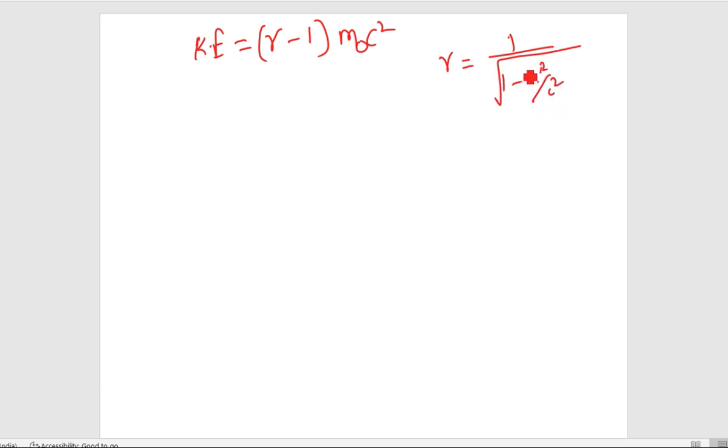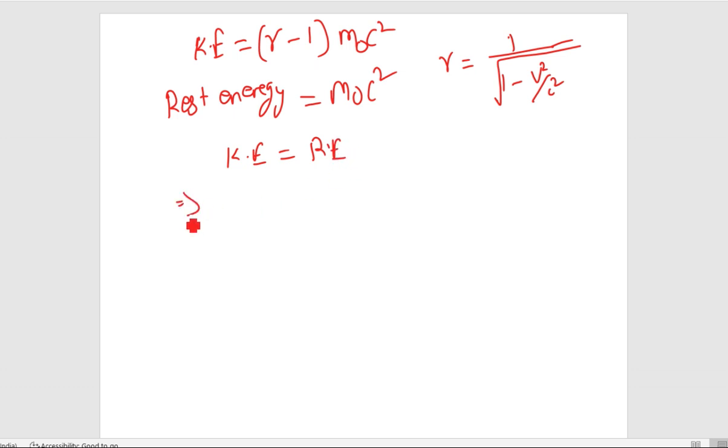It is the relativistic correction made by Einstein. The question says this kinetic energy is equal to the rest energy, which is m naught c square, where m naught is the rest mass of the object. So according to the question, kinetic energy is equal to rest energy.